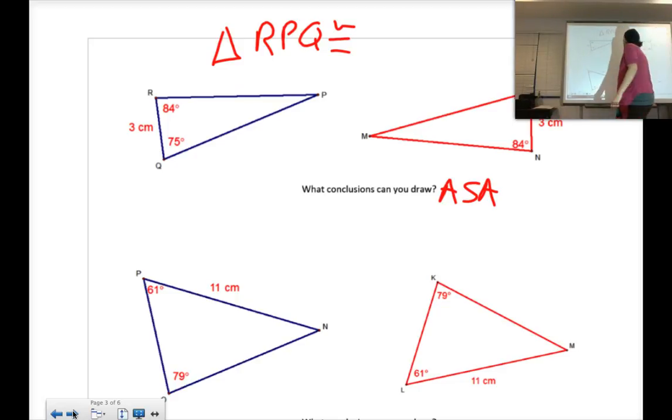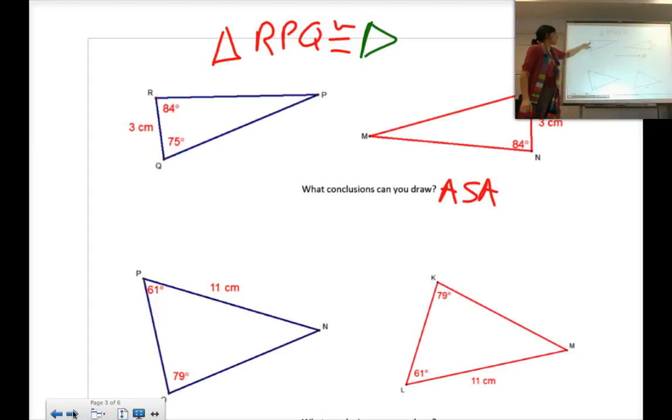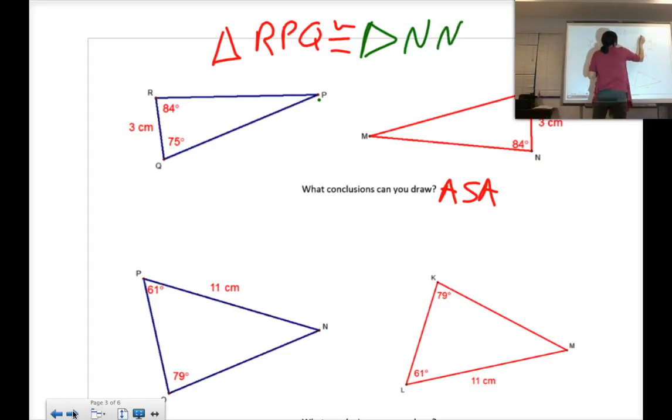So first of all, we're going to start off with triangle. So 84 to 84, so now I'm at N. Now from the R, I'm going to P. So where do I need to go in my second triangle? M. And then lastly, O.